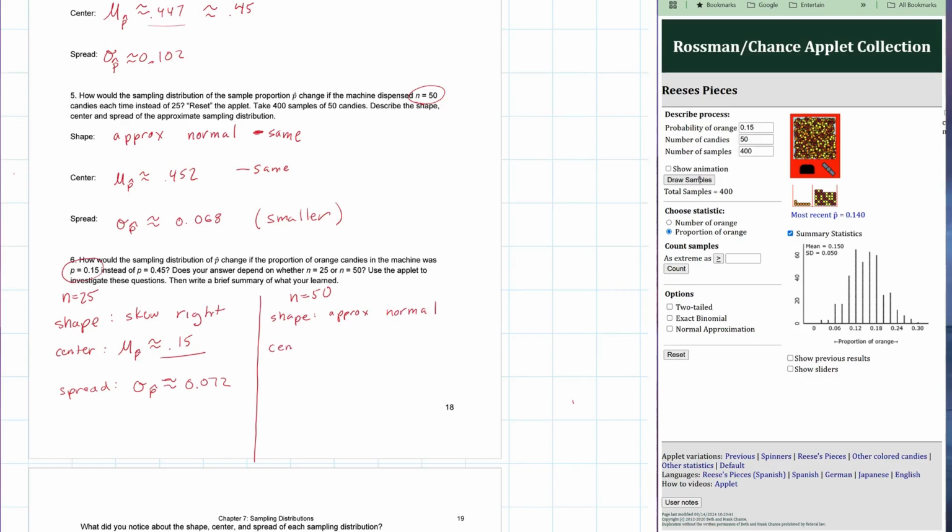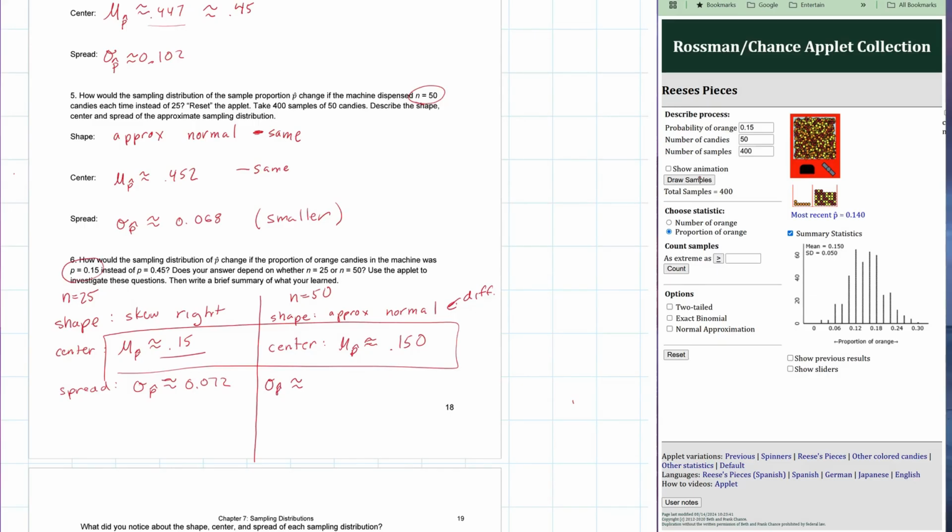Center, as measured by the mean of those sample proportions, looks to be about 0.15 again. So that stayed the same, but this is different, isn't it? The shape is different. And then lastly, what about that spread? What about the standard deviation of p hat?